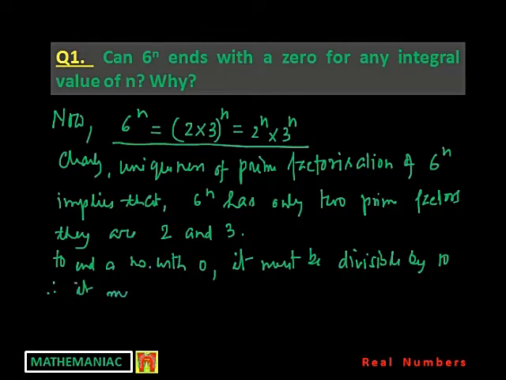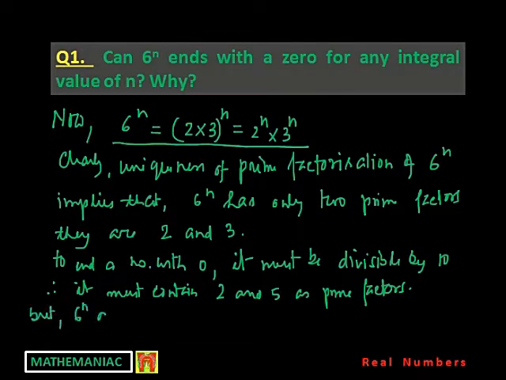Therefore, it must contain, or you can write its prime factorization must contain, 2 and 5 as prime factors. Other factors may be there, but 2 and 5 are a must. But 6 to the power n does not have 5 as a prime factor.